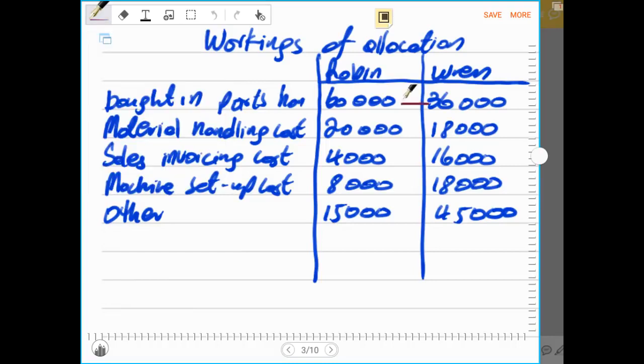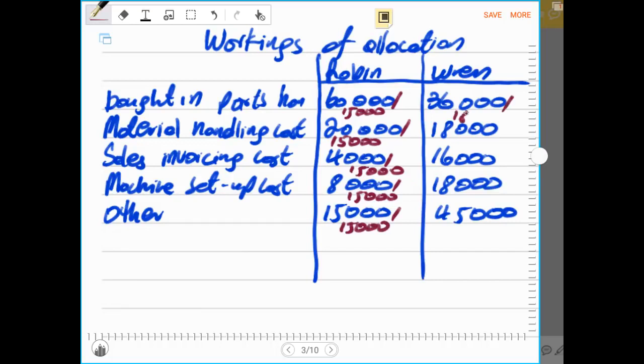So we divide by 15,000 units throughout, because we are looking for the cost per unit.